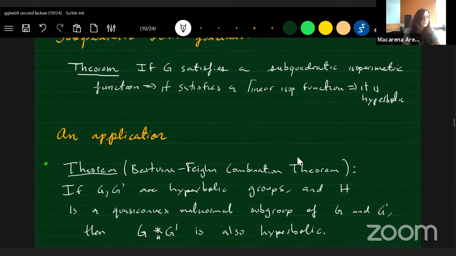I mentioned yesterday, when I was giving examples of hyperbolic groups, that sometimes when you amalgamate hyperbolic groups or take HNN extensions of hyperbolic groups, you still get hyperbolic groups. Bestvina-Feighn's combination theorem gives sufficient conditions for that to happen. The proof is very complicated and uses many things, but in particular it uses this characterization of hyperbolicity.